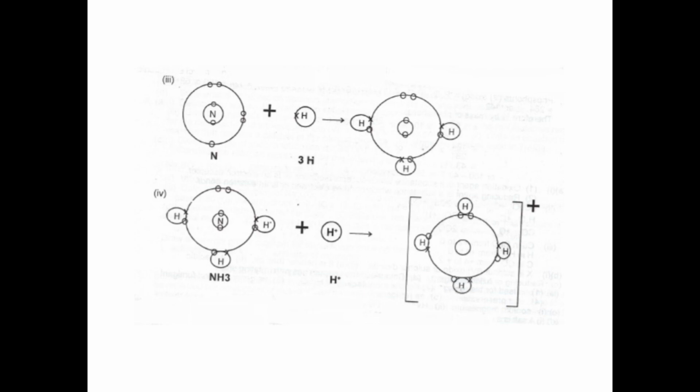And then it also asks us to show how ammonium is formed. Ammonium is formed when ammonia combines with a hydrogen ion, a proton or an acid, to form NH4 plus. We are going to be talking about that very soon in coordinate covalent bonding. So this is how the question is expected to be answered.